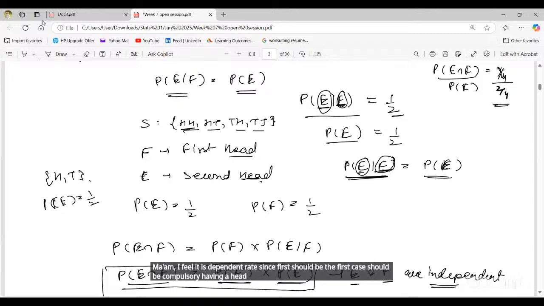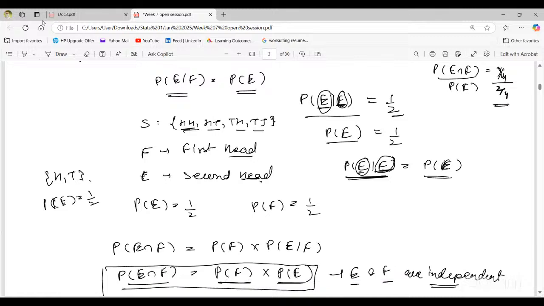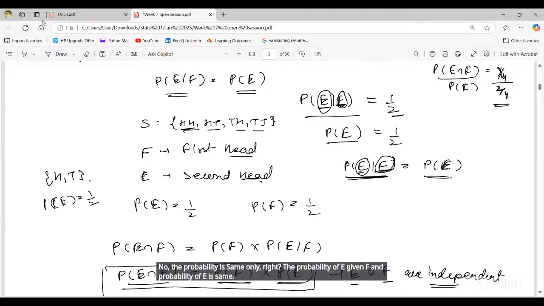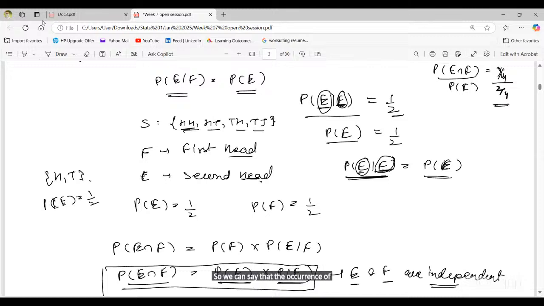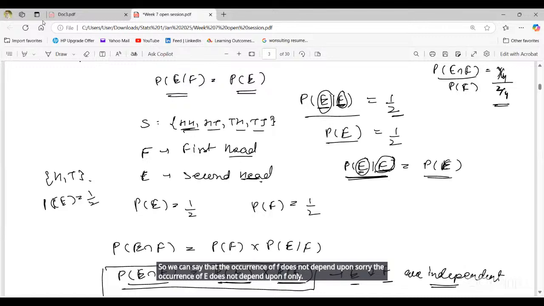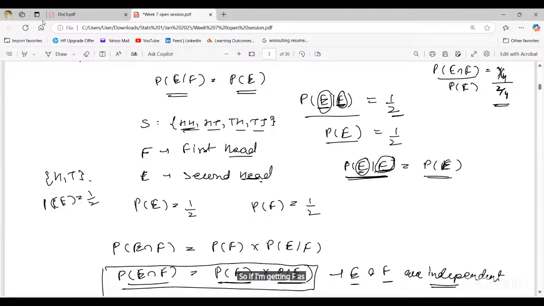No, the probability is the same only, right? The probability of E given F and probability of E is the same. So we can say that the occurrence of E does not depend upon F. If I'm getting F as a tail or a head, the probability would be the same only.